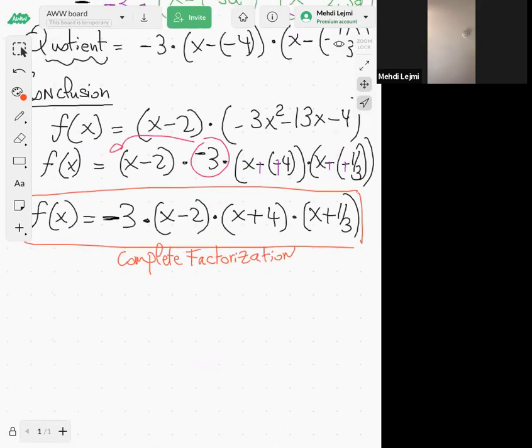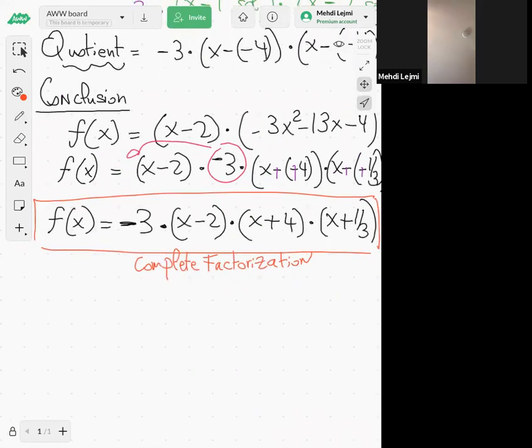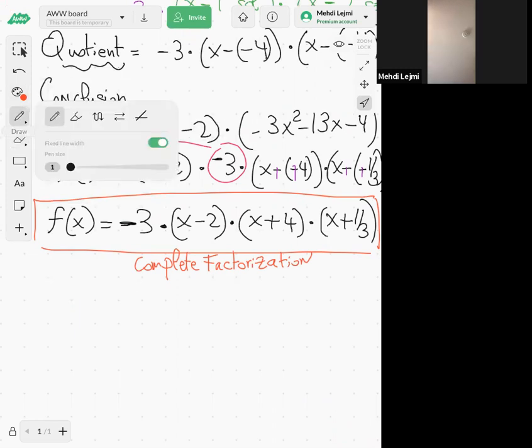Okay, perfect. So this is question number 3. So now I have to find the x-intercepts.